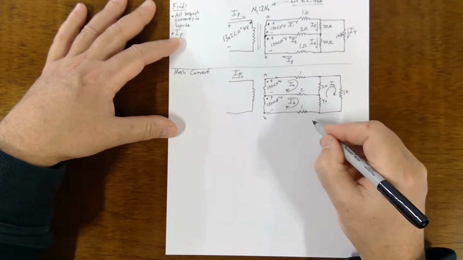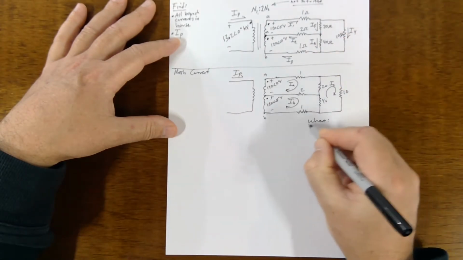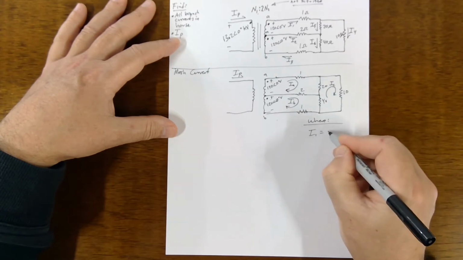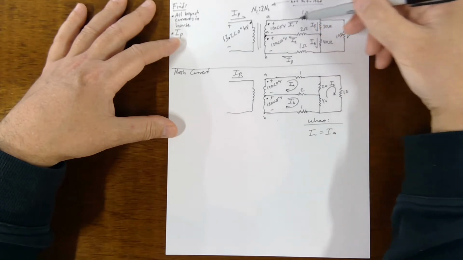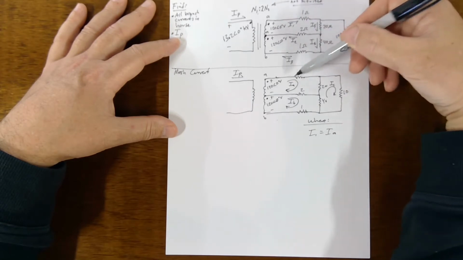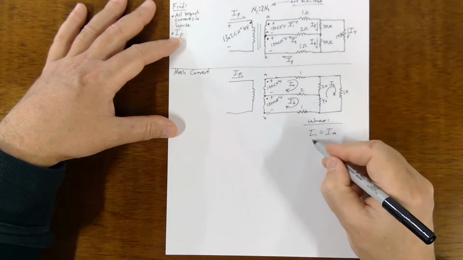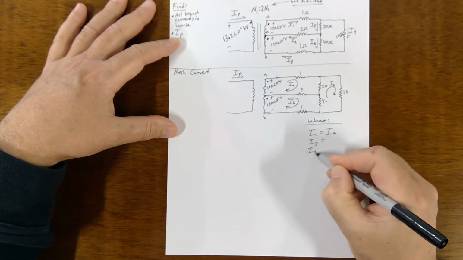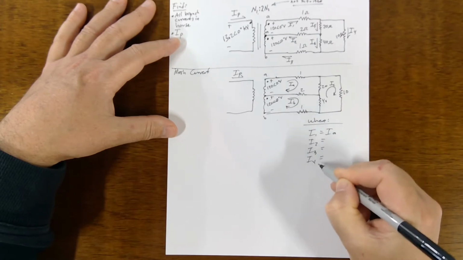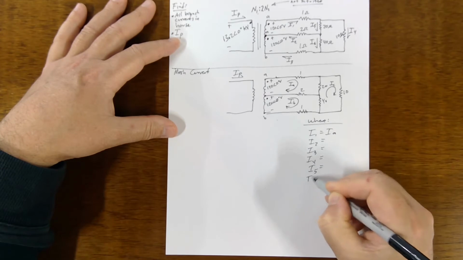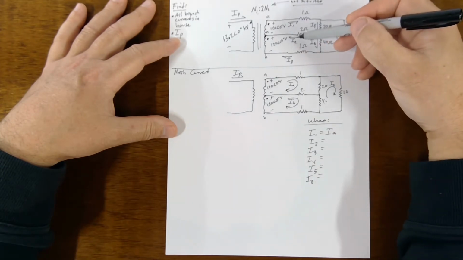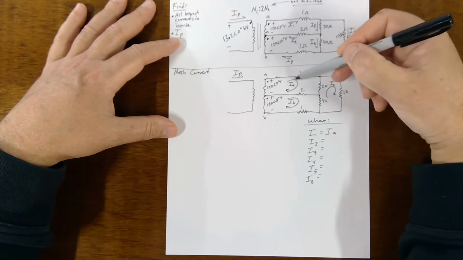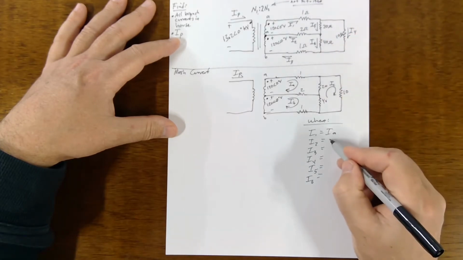So there's a relationship, so let's specify this relationship, where I1 is just IA, right? I1 here is the only thing going through this part of the circuit, just IA. I2 is IA minus IB, right?